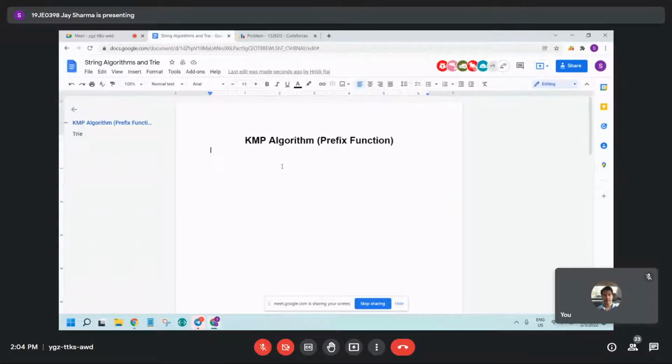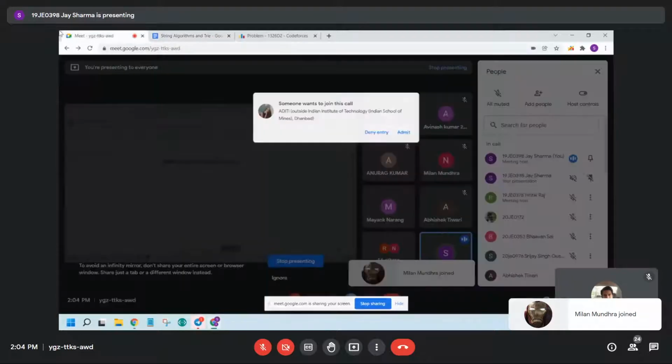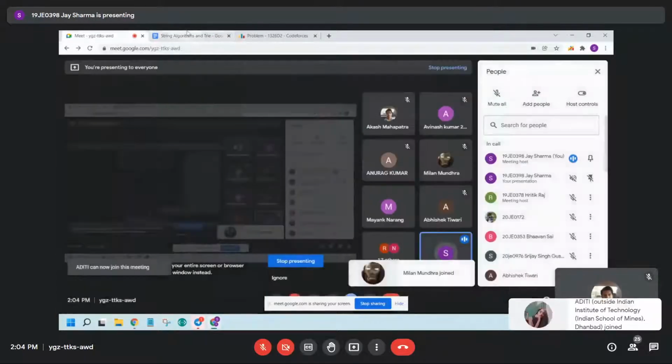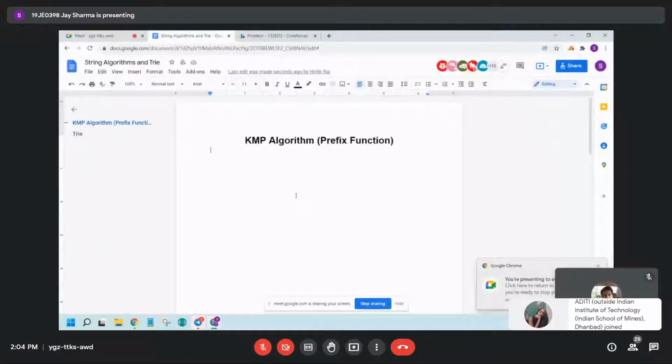So today we are going to start string algorithms. I am assuming that everybody here knows what a string is. It's basically a vector of characters, where the data type of each element is a character. You can perform normal operations on a string that you do on a vector.